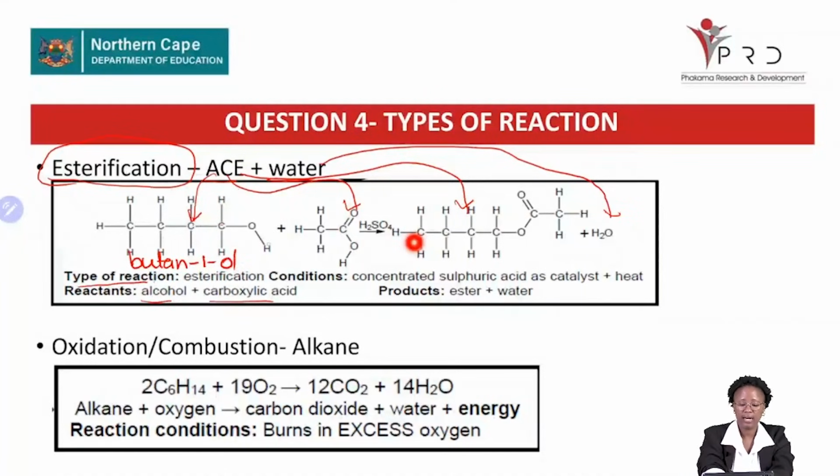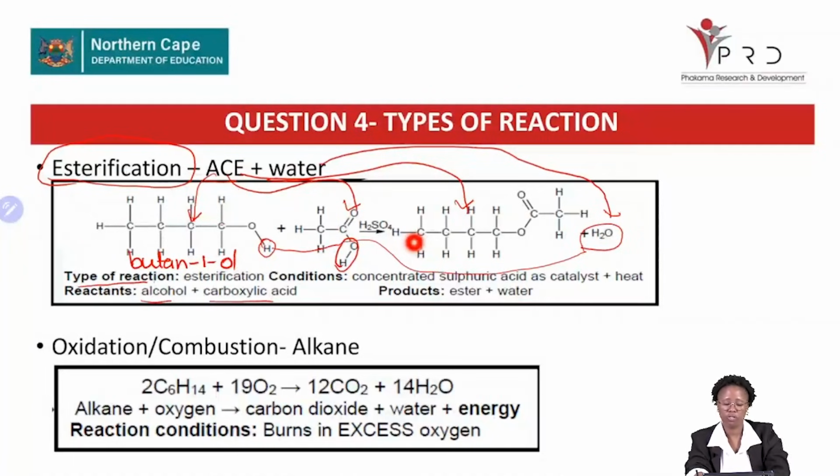During the process, hydrogen is removed from the alcohol, OH is removed from the acid. These two combine to form what we call water. Then whatever is remaining, they join together. As you can see, that oxygen is still there, and then we swap the carboxylic acid around to attach to what was initially the alcohol, and then they form our COO, which will give you that ester.